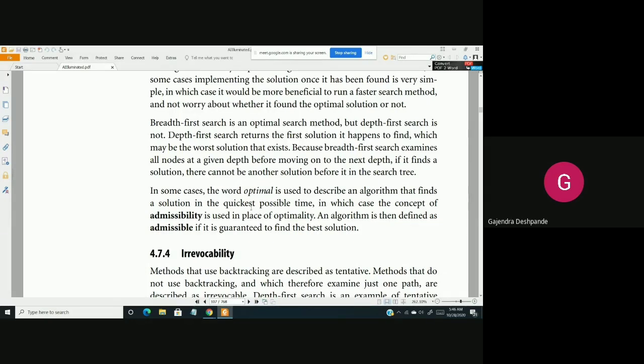Okay, so when we say that a particular algorithm is giving you the best solution in quickest possible time, then we don't use the term optimality there. We call that algorithm admissible. So admissible means it is guaranteed to find the best solution in quickest time.